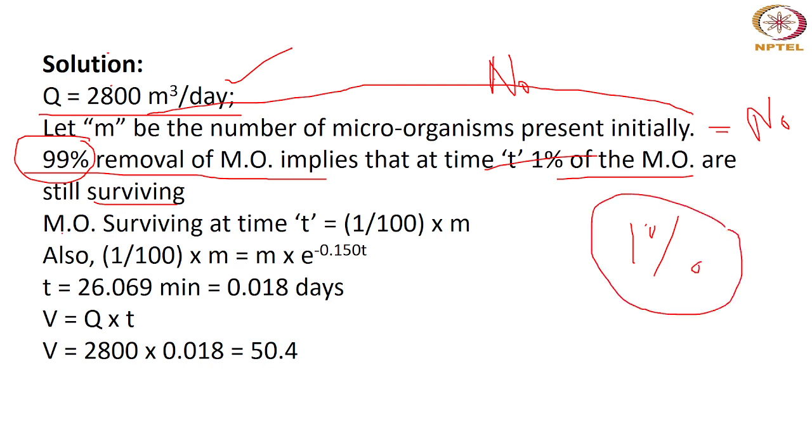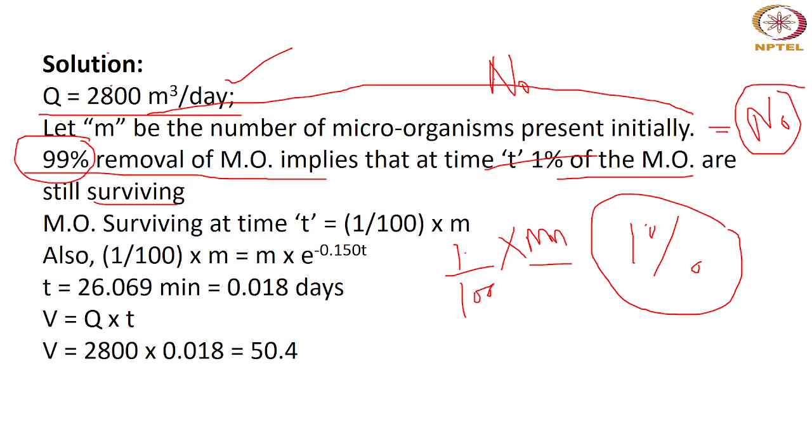So the microorganisms surviving at time t equal 1 by 100 multiplied by N naught. Why N naught? Because this was the initial one, and now only 1% are surviving.